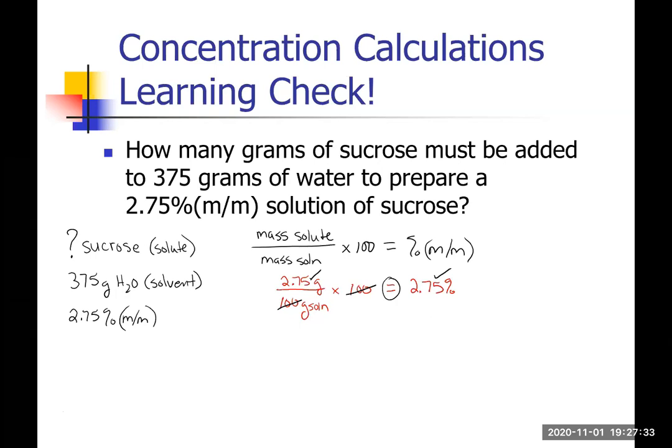Because if I use this knowledge that I have right here that I've just drawn out, well, if I have 100 grams of solution, and I know that the solution is the mass of the solute plus the mass of the solvent, then I can subtract my 2.75 grams of solute and get the mass of the solvent.